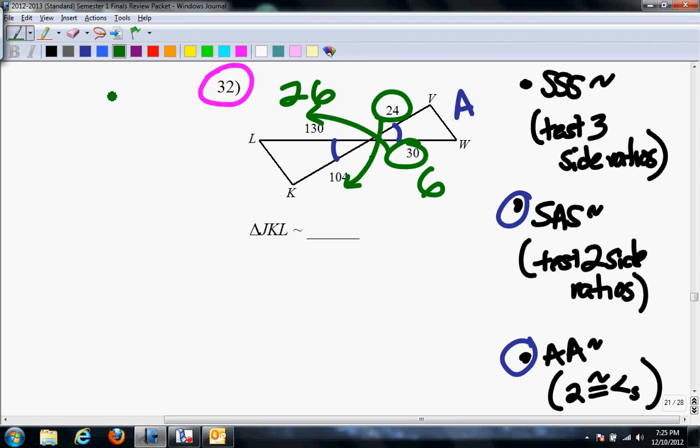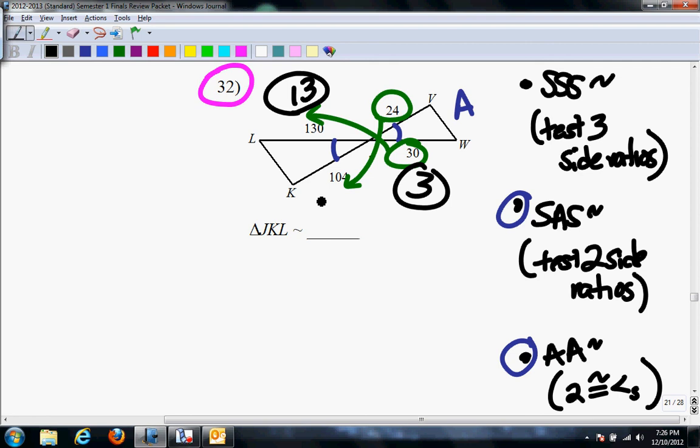And we can go down one more farther, so 2 goes into both of those. 2 goes in there 3 times, and then 2 goes in there 13 times. So this is a 3 to 13 ratio.